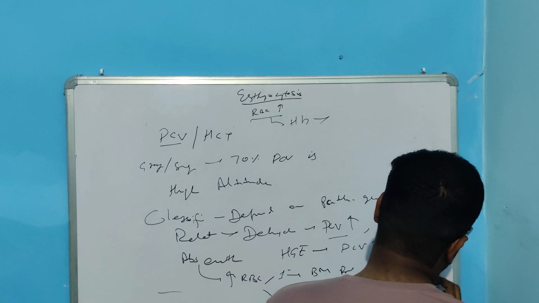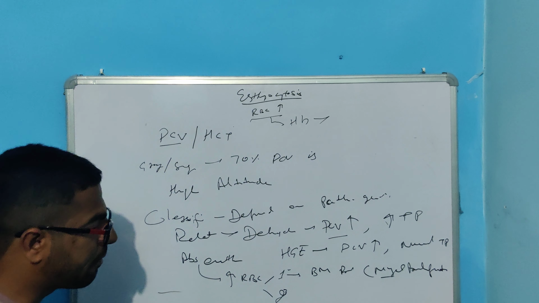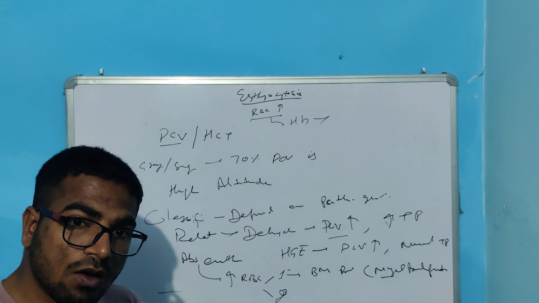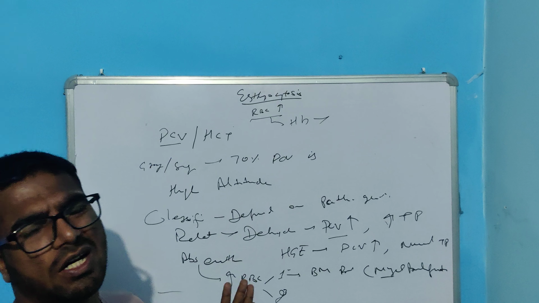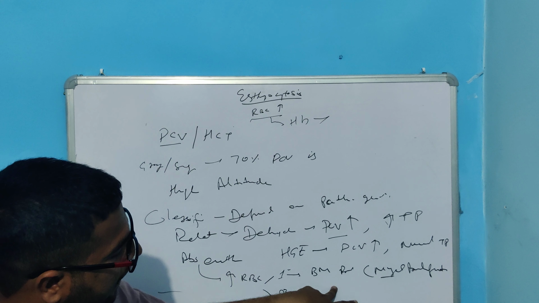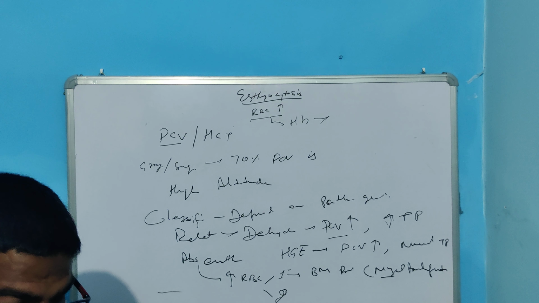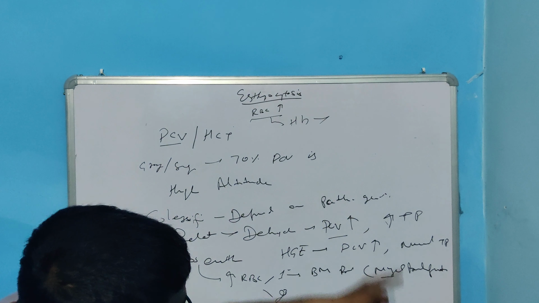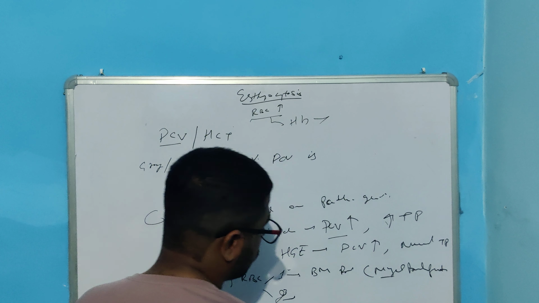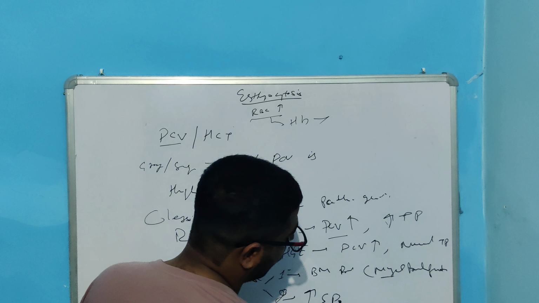We say primary because RBC and any blood cell production occurs in the bone marrow, the root where RBC production happens. Secondary erythrocytosis means there is an increase in erythropoietin hormone.